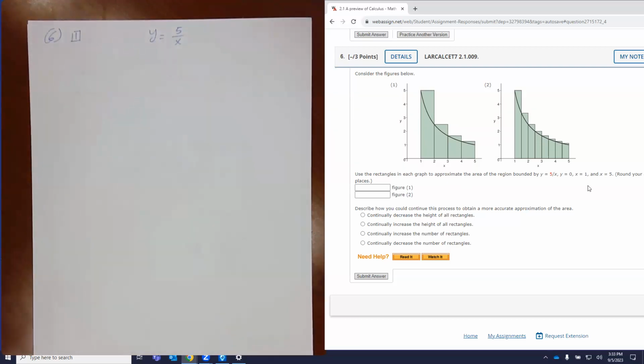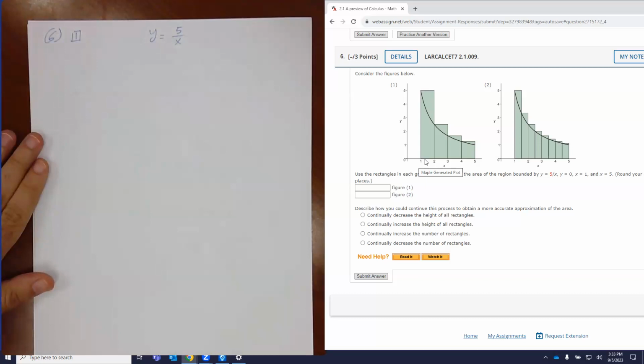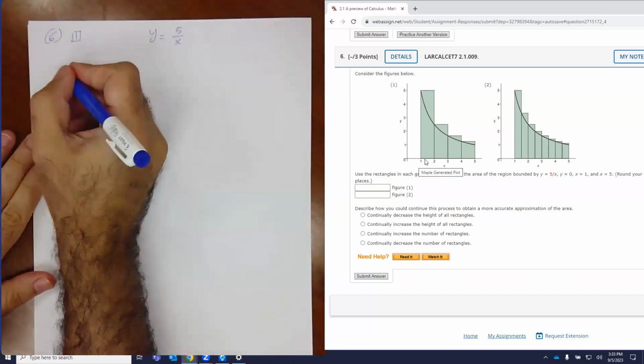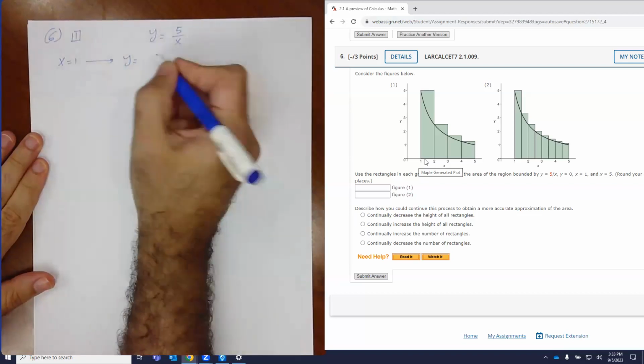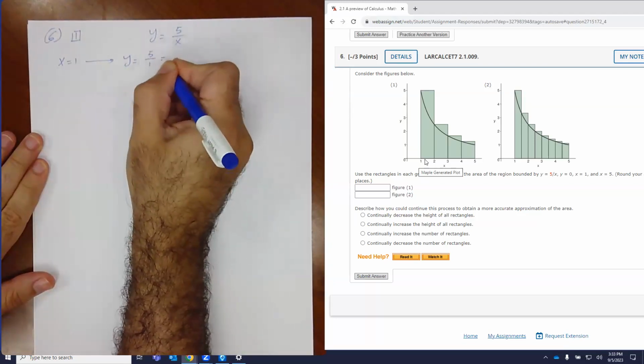So at x equals 1, which is the first length, again, the area is going to be an approximate solution, not the exact area. When x equals 1, y is 5 divided by 1, which is 5.